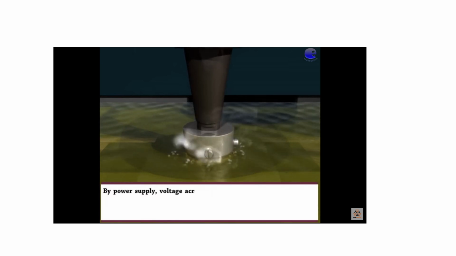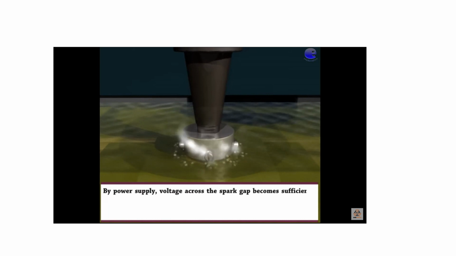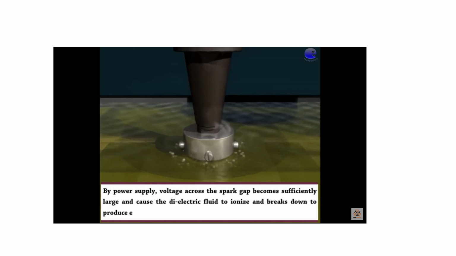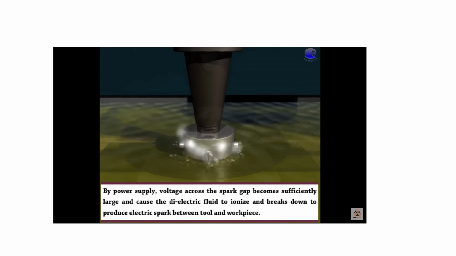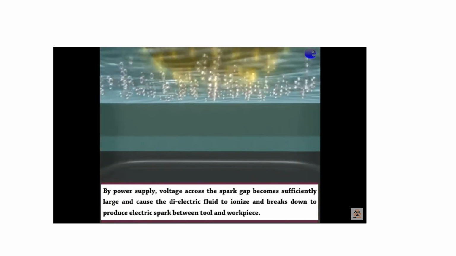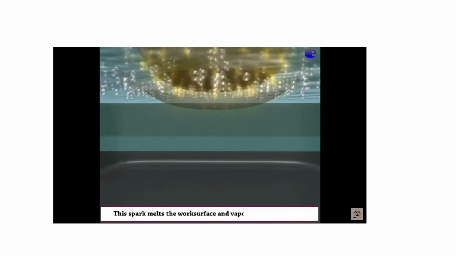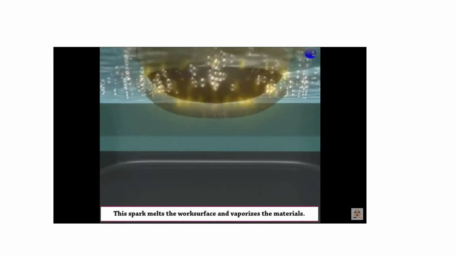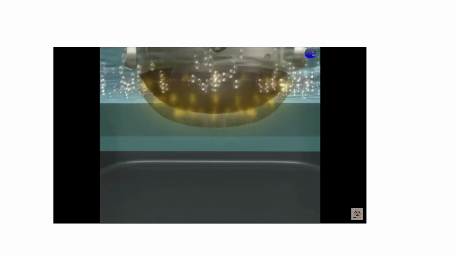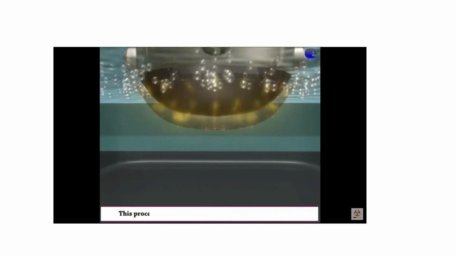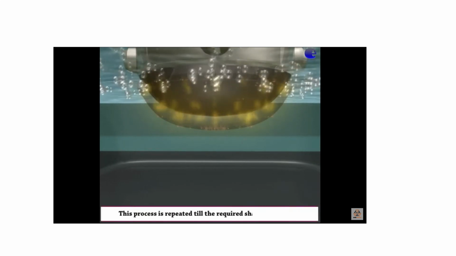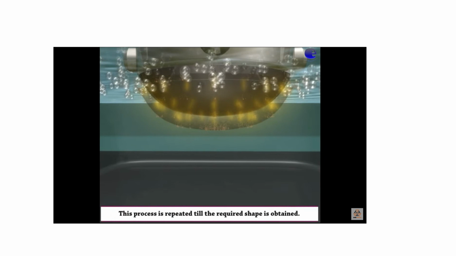By power supply, the voltage across the spark gap becomes sufficiently large and causes the dielectric fluid to ionize and break down to produce electric sparks between tool and workpiece. This spark melts the work surface and vaporizes the material. This process is repeated till the required shape is obtained.